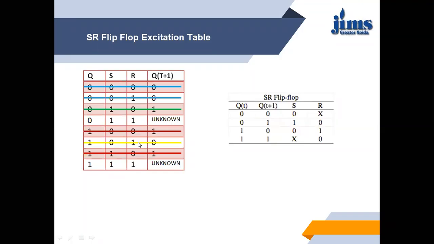For 1 0, yellow line, present state is 1, next state is 0, and the input combination is 0 1. And 1 1 is represented with the red line. In this case, S is don't care because S is changing 0 and 1, and R is constant 0.